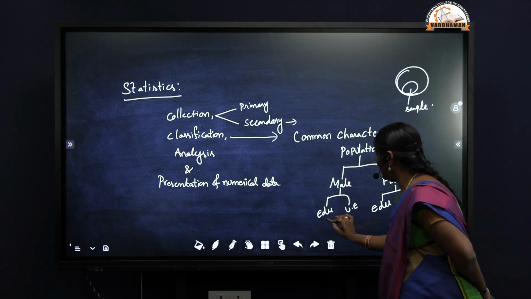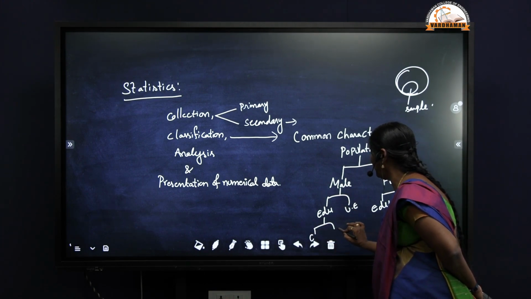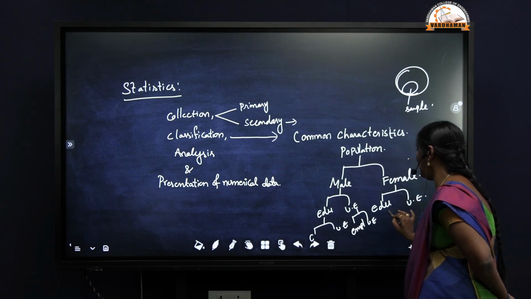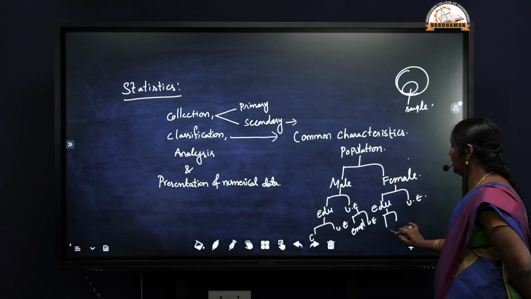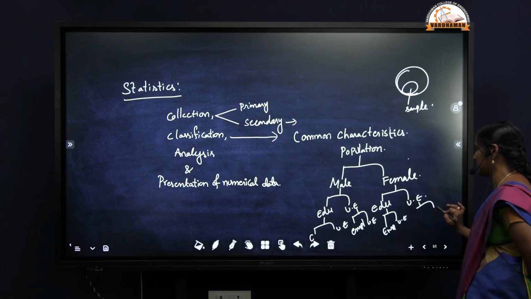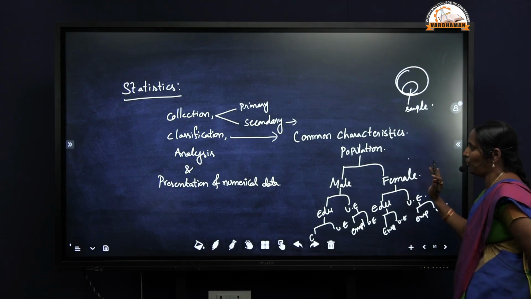Again, in male educated, we define employed and unemployed. Uneducated males also have employed and unemployed people. Female educated also have employed and unemployed people, and female uneducated also have employed and unemployed people.